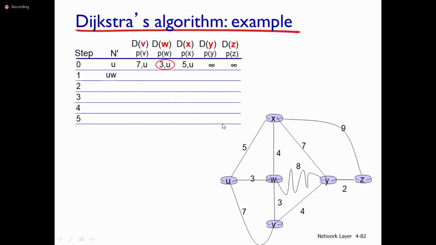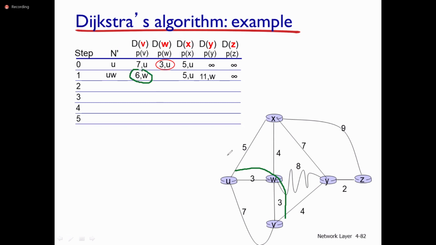From UW, next step, UW to all other nodes in the network. So by using this path, what is the distance to V? 3 plus 3 is 6. So U to V direct is 7, U to V through W is 6, so 6 comma w.